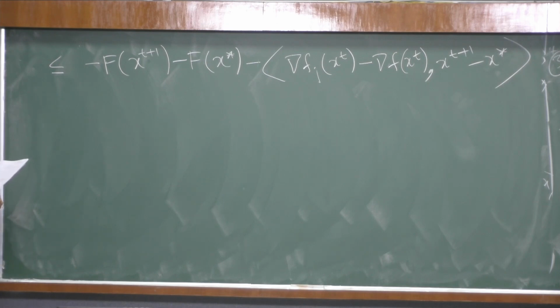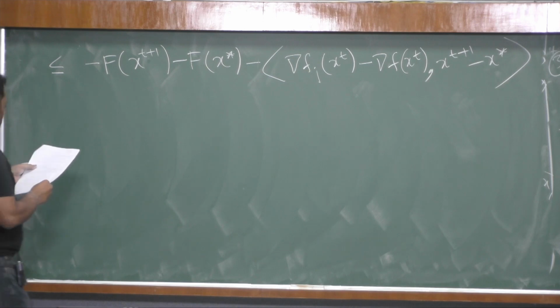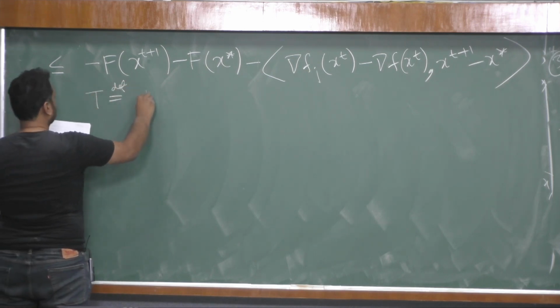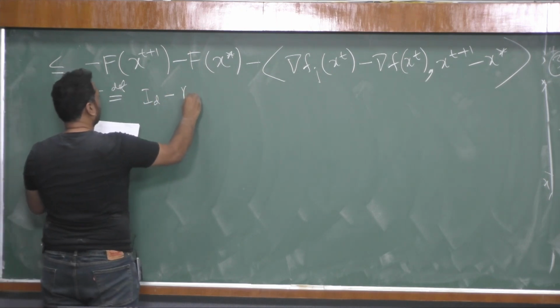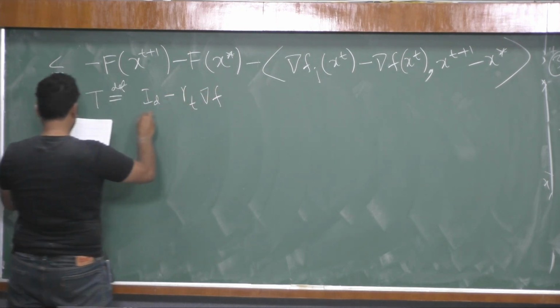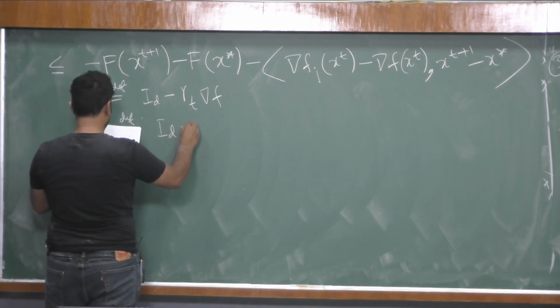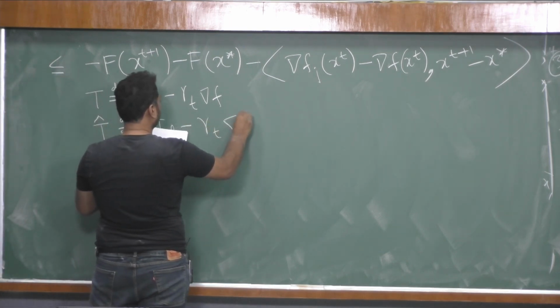To shorten the computation, we can introduce some operators. Let us define this operator, which is identity minus gamma t grad f, and there is another operator, T hat, defined as identity minus gamma t grad f j.